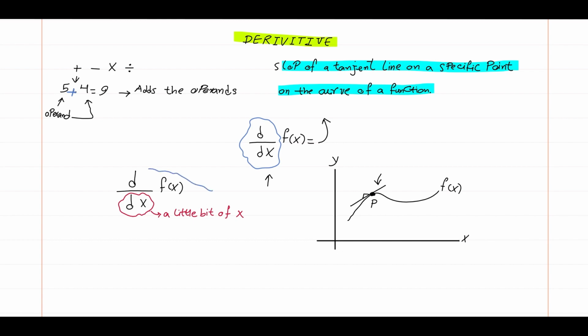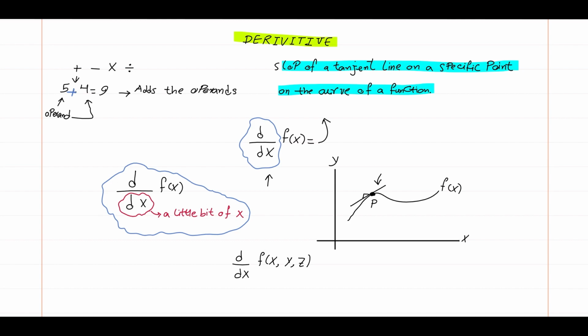So we can think of this division as a little bit of f of x over a little bit of x. So we are seeing how a little bit of f of x changes when we change a little bit of x. Maybe y was a function of multiple variables, f of x and y and z. And we wanted to see how this function changes with respect to x. We'll just differentiate it with respect to x.